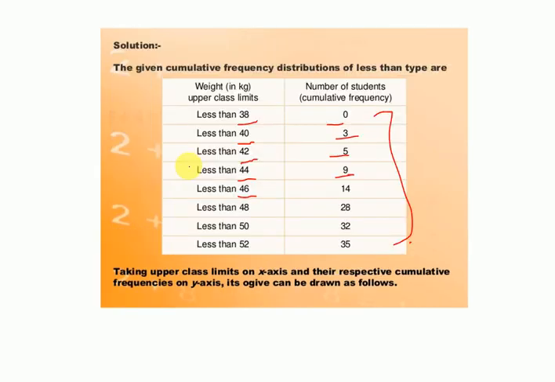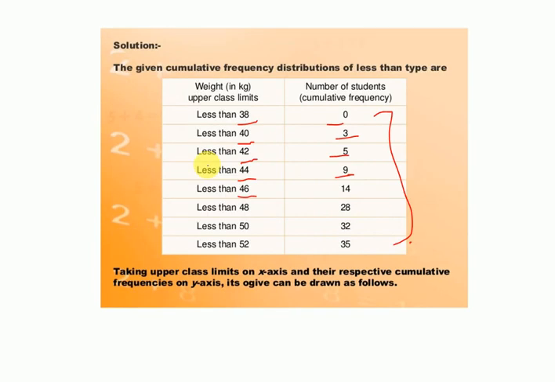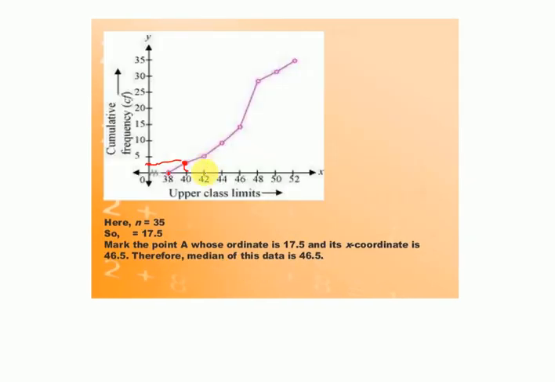Second one was 40 and 3, so this is 40 and 3. Then third was 42 and 5, so 42 is here and 5 is here, and when you join them you will get this point. Now 44 and 9, 44 is here and 9 is somewhere here, and when you join you will get this point, and so on.